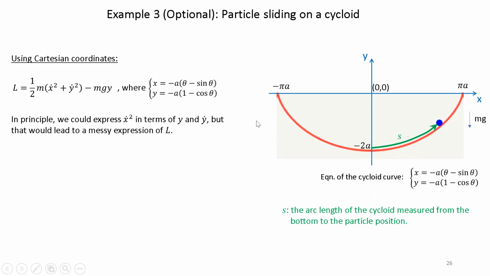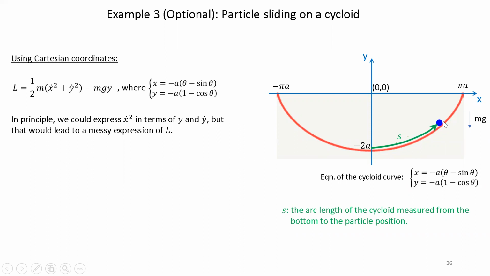Okay. So let's pick a more convenient generalized coordinate. The generalized coordinate we pick this time is this length, which by itself is a curve already. It is the arc length of the cycloid measured from the bottom to the particle position.